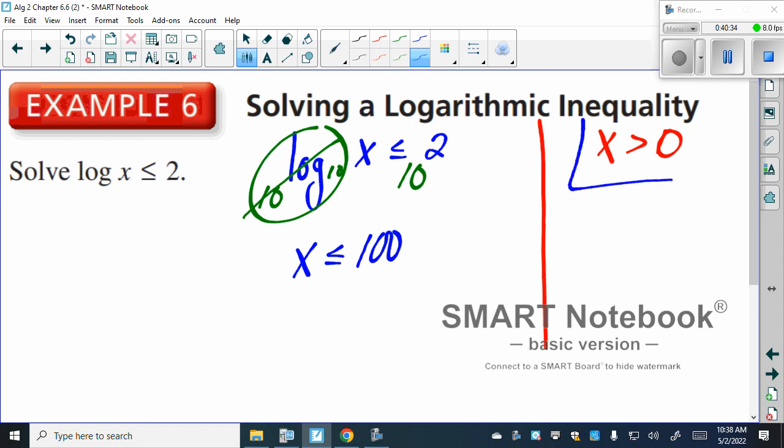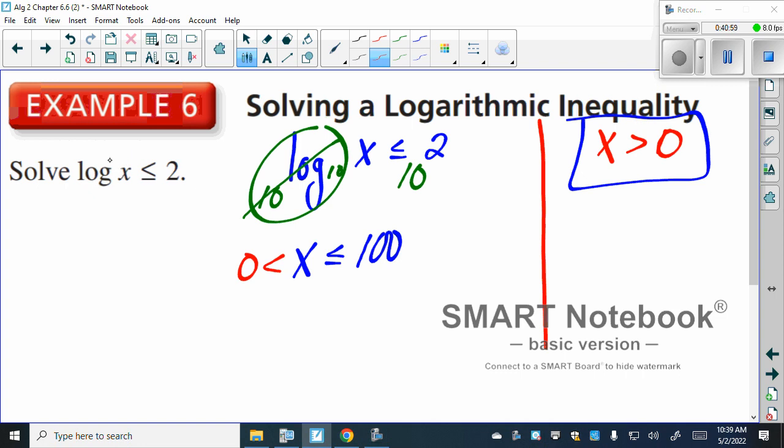But what do we know? x cannot be 0 or less than it. So what we have to add is that x has to be greater than 0. That's why we did this at the start. Because with any of these logs, if 0 or a negative is contained in the solution set of what's going to make whatever's inside the log be that, we have to add that restriction.